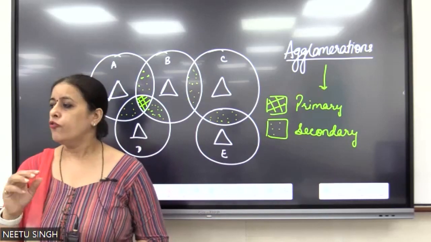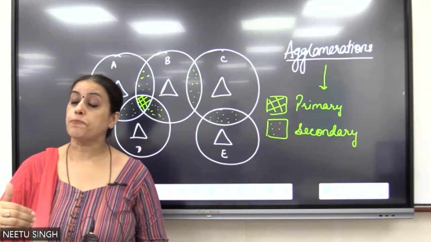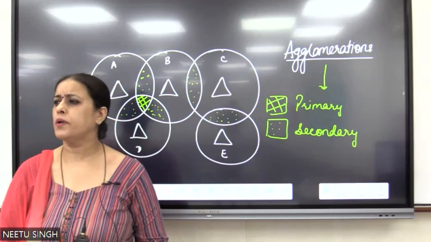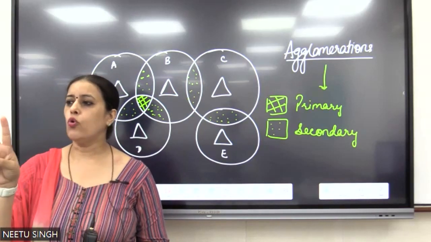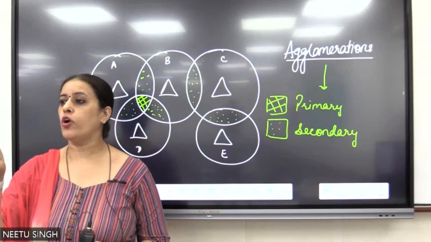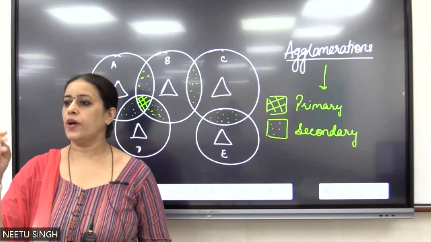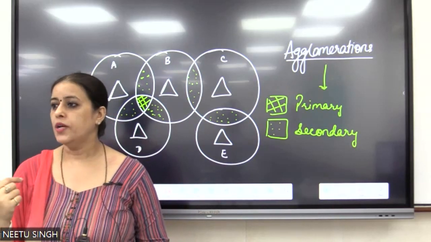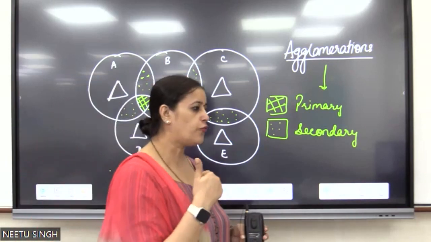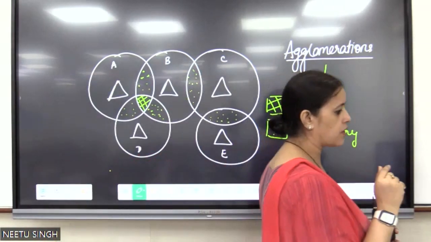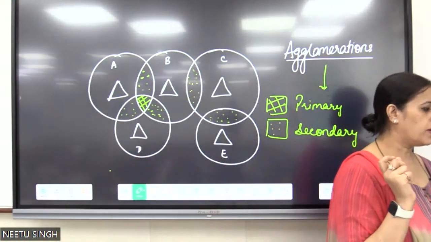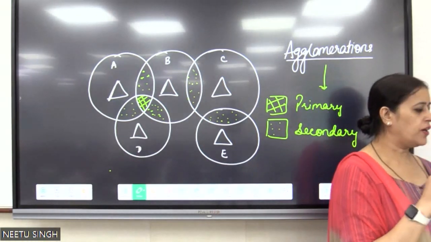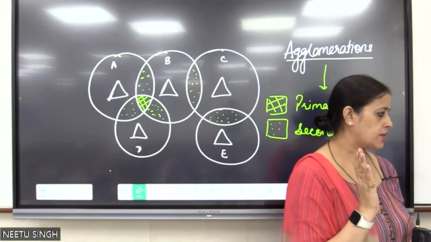Will it not facilitate the subsequent industrial development? Where two overlap, it is twofold benefit. Where three overlap, it is threefold benefit. So threefold benefit for future industrialization is primary agglomeration, twofold benefit is secondary agglomeration.